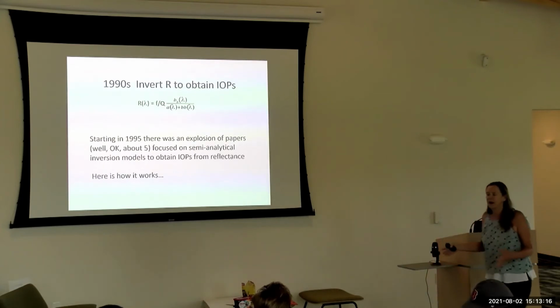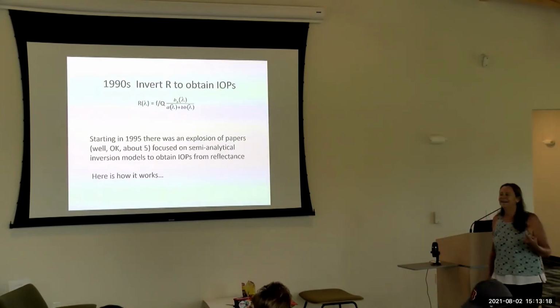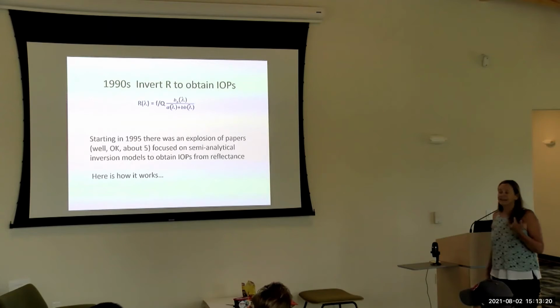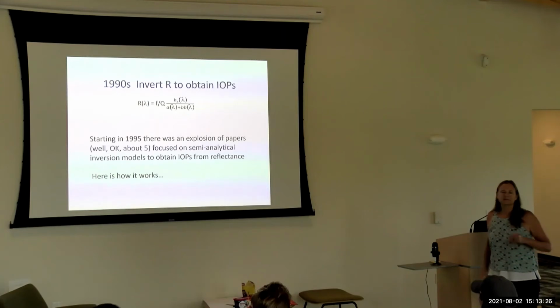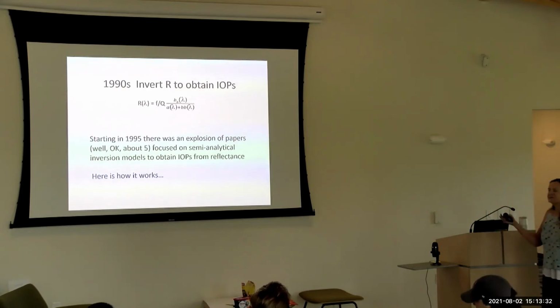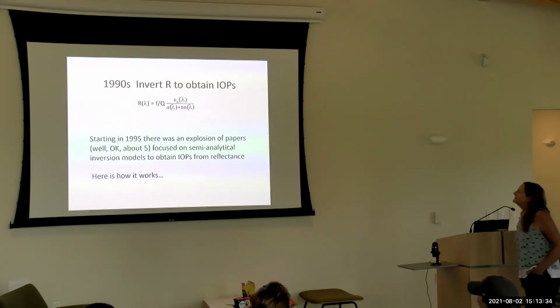And then suddenly it was like, wait a minute. Hold the phone. We can get IOPs from reflectance. And literally, within like 3 years, 5 papers came out, all independent, all basically doing the exact same thing. And it was just crazy. I don't know why this happens, but it does. So here's how it works.